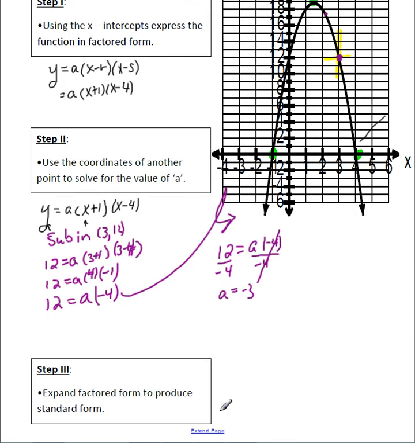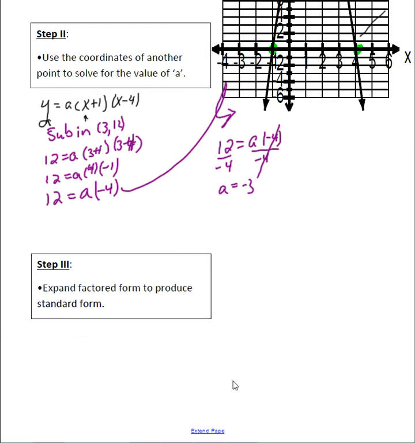And last step, expand the factored form to produce the standard form. So our a value is -3, we have x plus 1 and x minus 4.